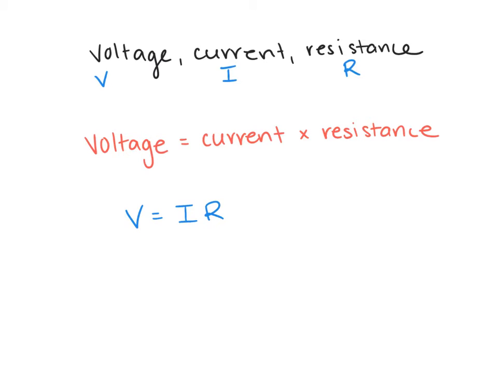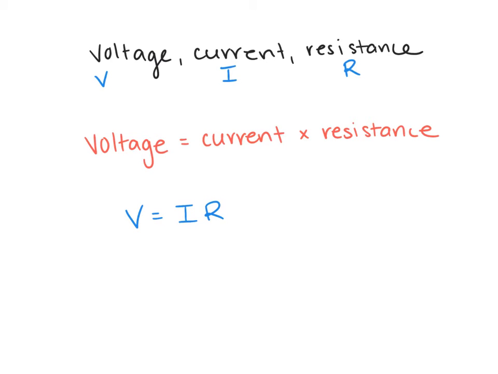But remember, we can use this formula if we have two other variables. So let's say, for example, I have the voltage and I have the resistance, and I want to find the current. Well, I'm not going to get into the details of how you would rearrange this, but using your math skills that you should have, basically the R, the resistance, would move over to the left side by dividing.